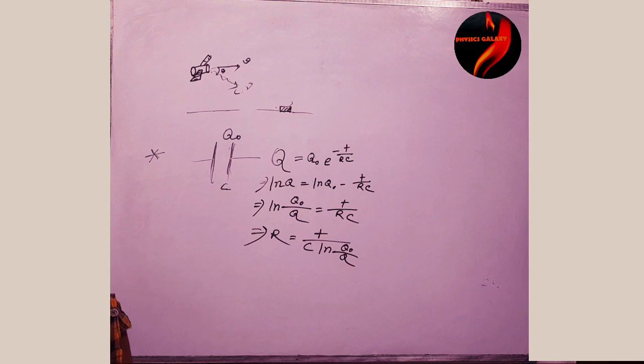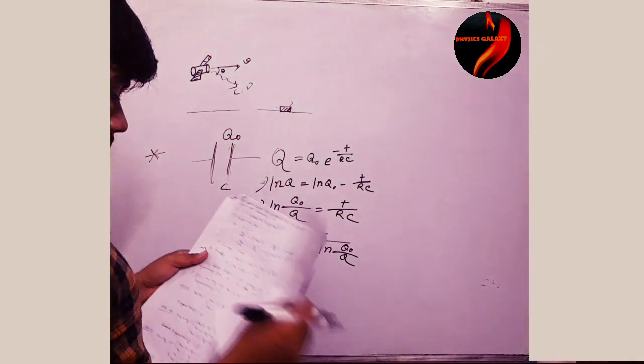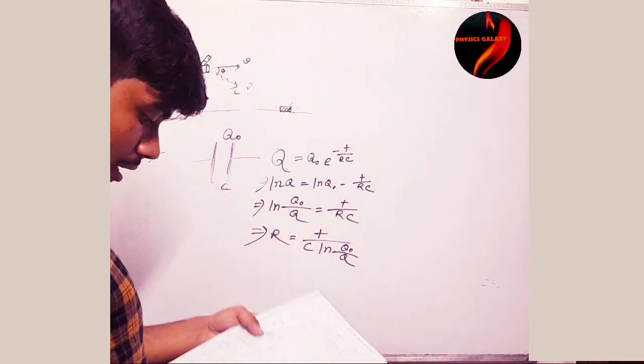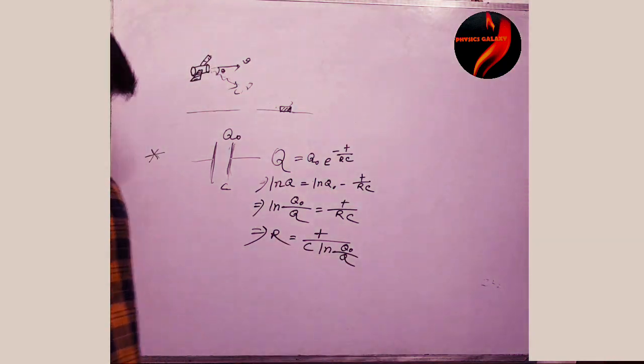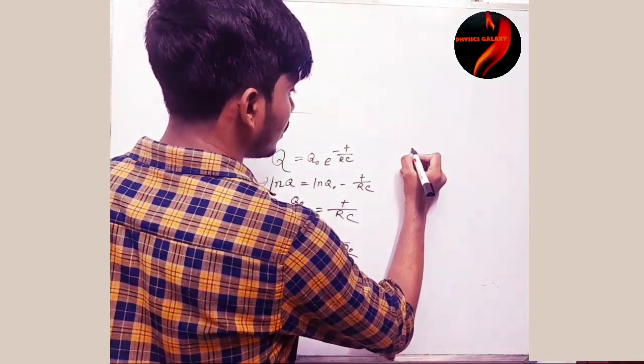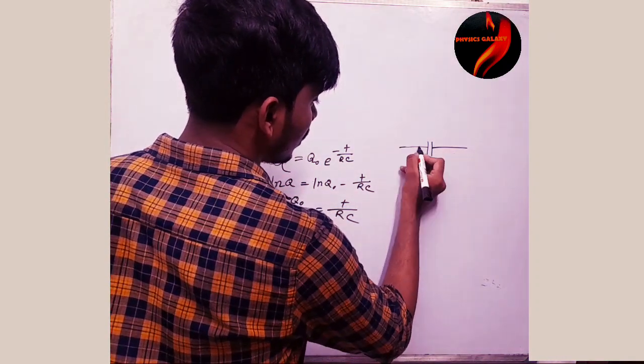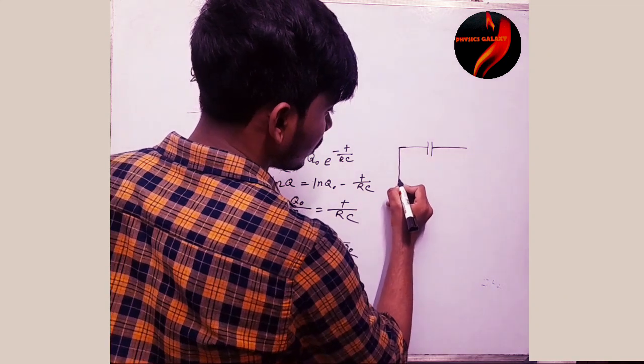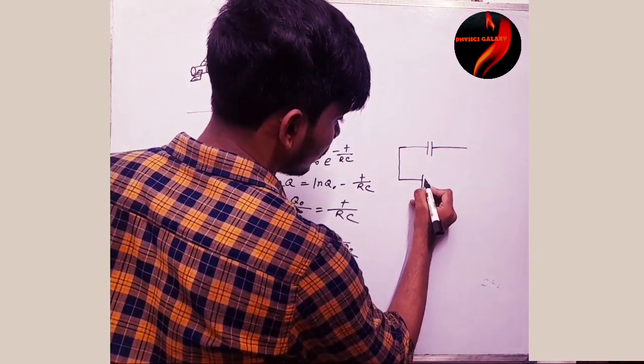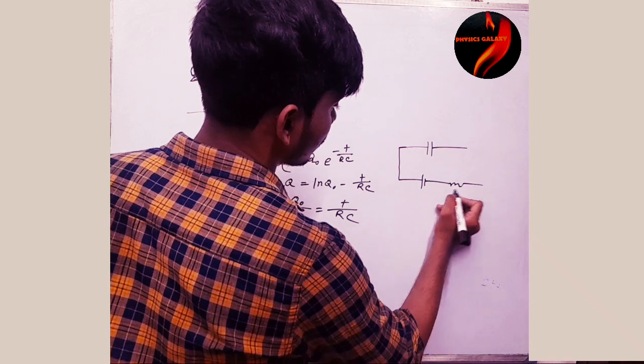and I said that to measure Q naught and Q we have to make a special circuit for this capacitor. The circuit will be like this: it has the capacitor, this is a battery, and this is a resistance.